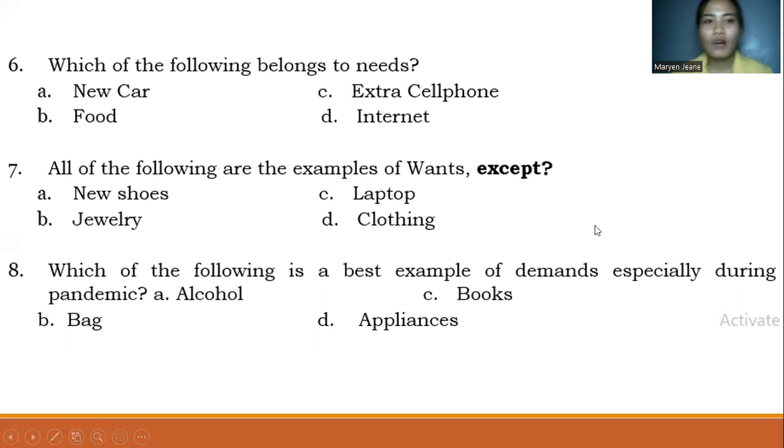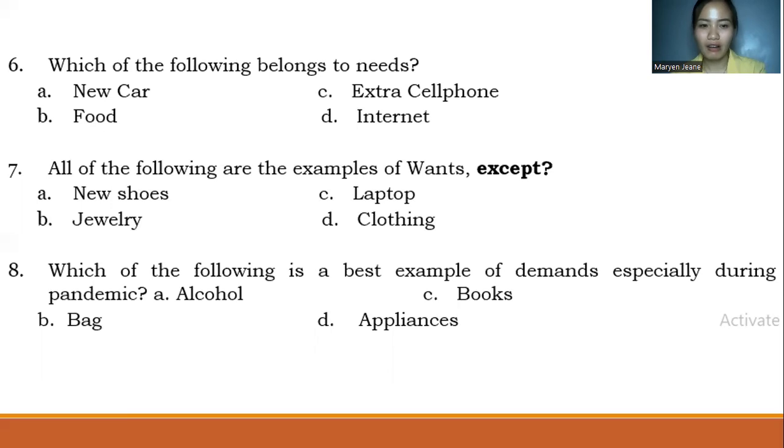Number 6, which of the following belongs to needs? A, new car. B, food. C, extra cell phone. D, internet. Number 7, all of the following are examples of wants, except A, new shoes. B, jewelry. C, laptop. D, clothing. Number 8, which of the following is the best example of demands, especially during the pandemic?